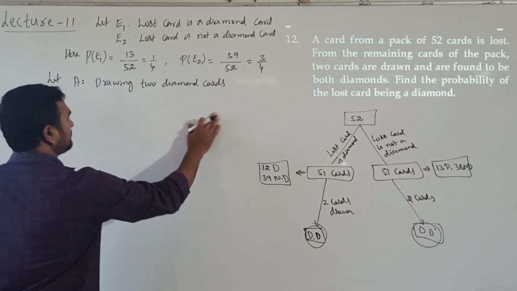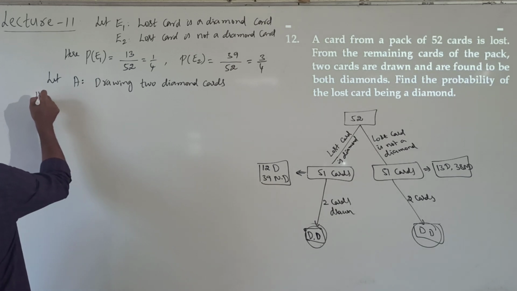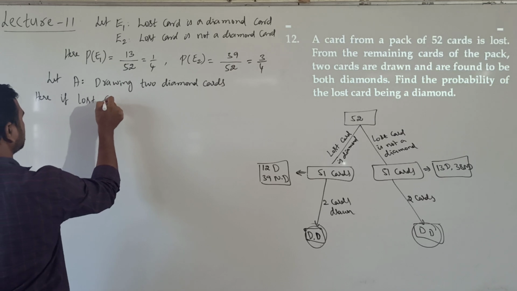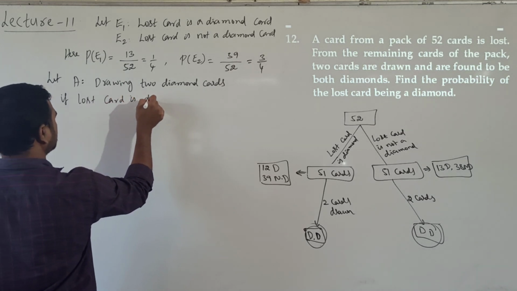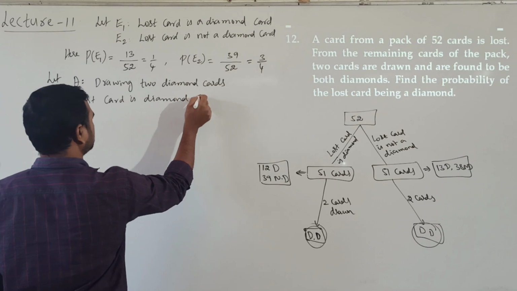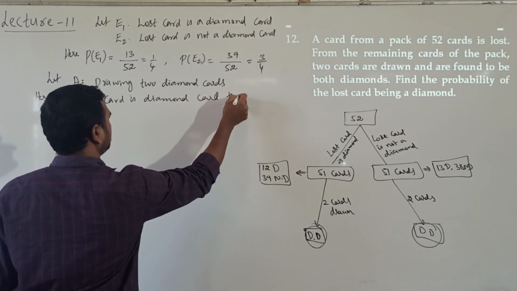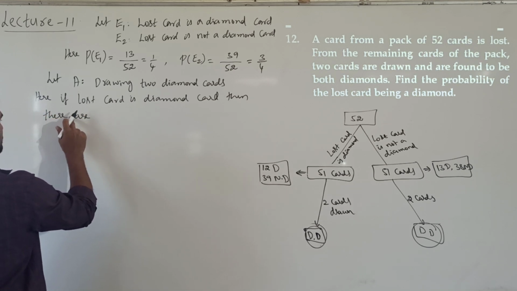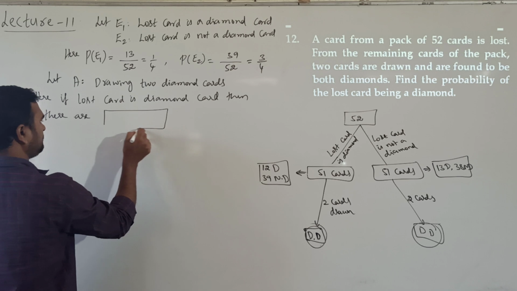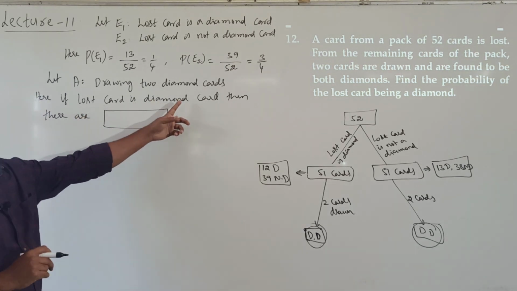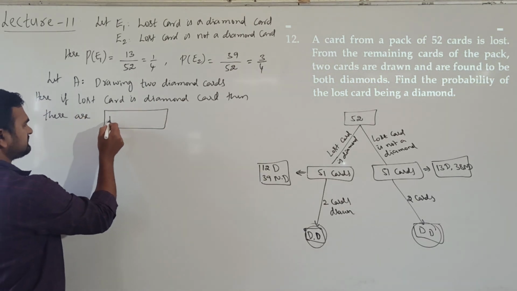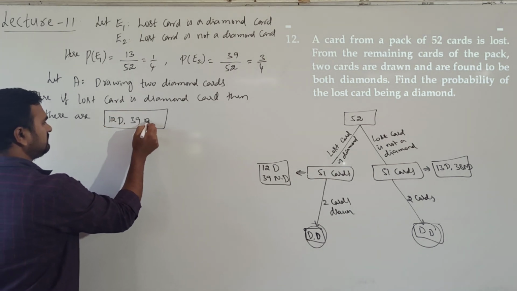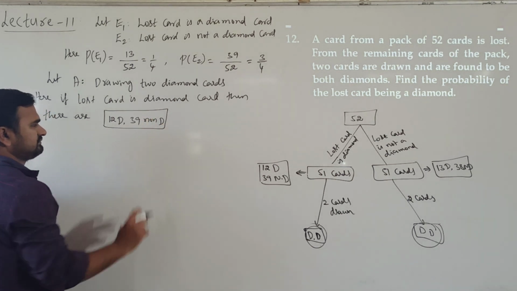So here, if the last card is a diamond card, then so many cards are remaining. If the last card is a diamond card, 12 diamond cards are remaining and 39 non-diamond cards are there.